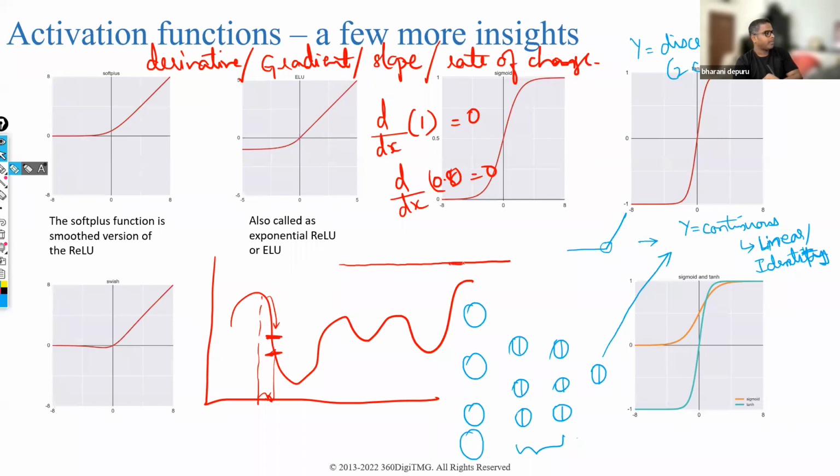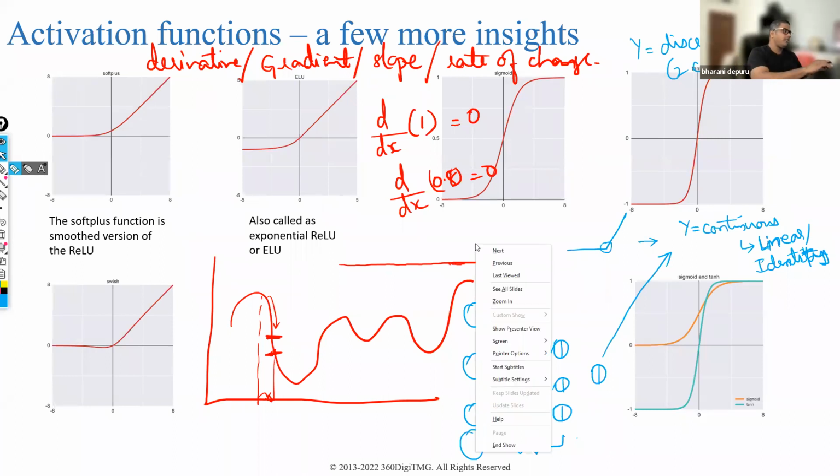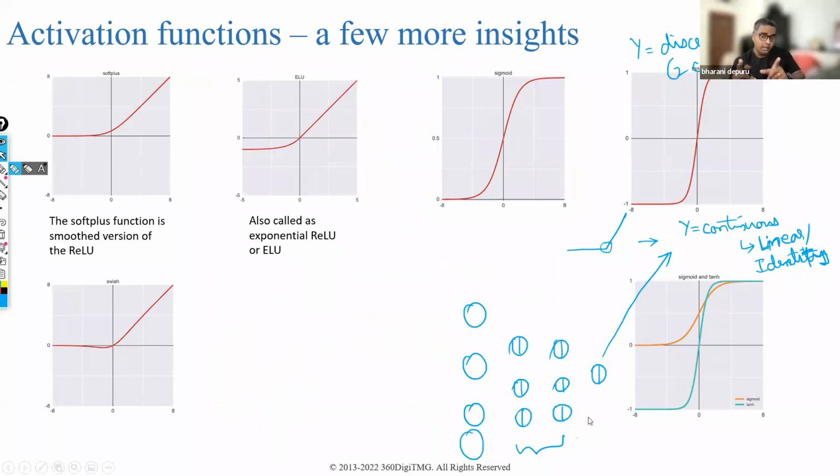And the similar kind of problem is faced for negative values when you have ReLU. Because ReLU activation function looks like this. Here you have 0, here you have negative values on this side. And on this side you'll have positive values.